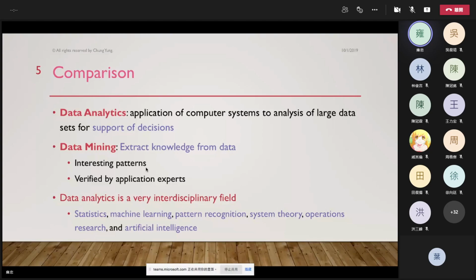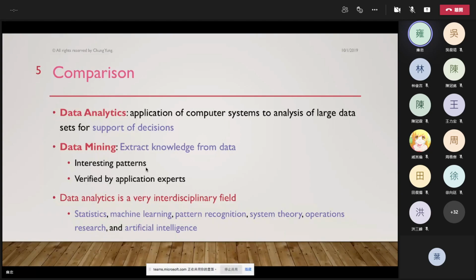Okay, then we are going to do a simple comparison of data analytics and data mining. The two technologies both analyze data, but for different purposes. And sometimes they do similar things from the opposite direction.